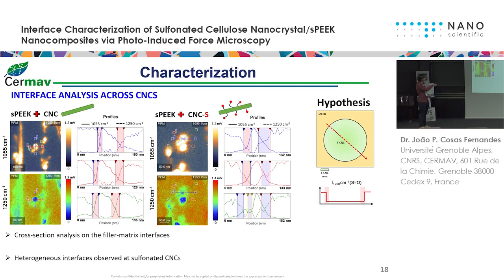So here is the composite with just the CNC, so not modified. And what I did was some cross-section analysis of the filler matrices. So here the cross-section is done in different directions. And what we see here is the 1055, the peak related to the CNC, and the 1250 related to the sulfonation.